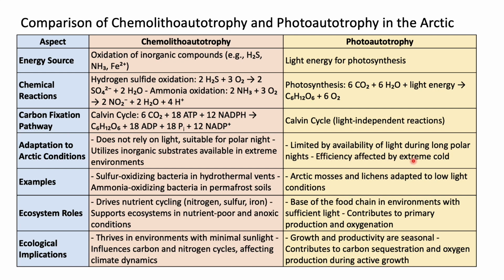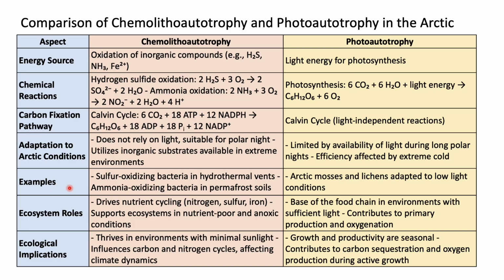Their efficiency is affected by extreme cold. That means they go into like a dormant stage. Some of the examples are given here. Arctic mosses and lichens adapt to low light conditions, which is the example of photoautotrophy. Whereas in the case of chemolithotrophy, sulfur oxidizing bacteria and ammonia oxidizing bacteria are the examples.